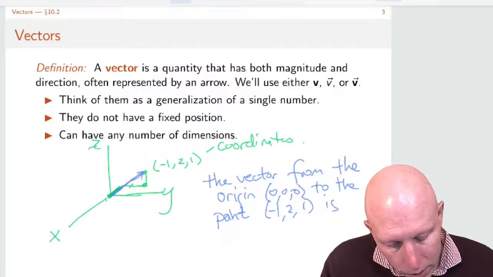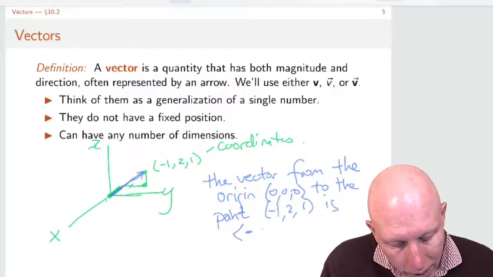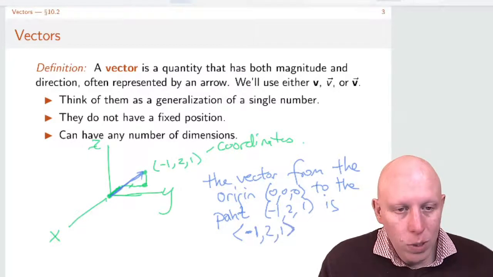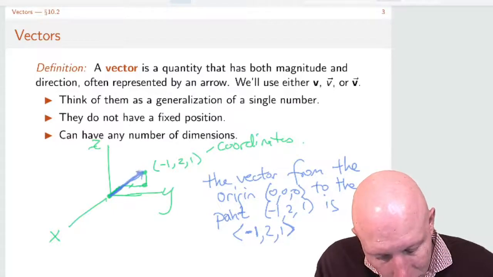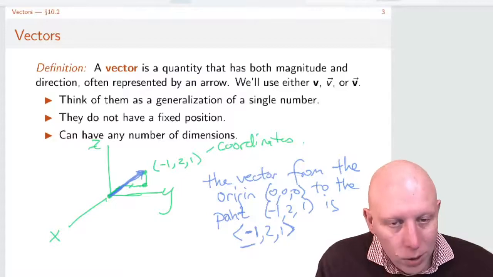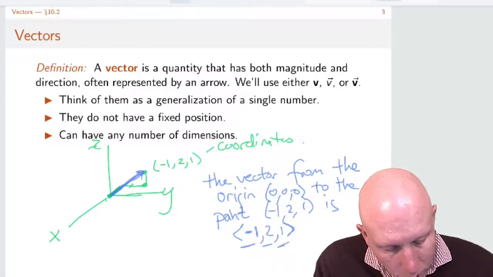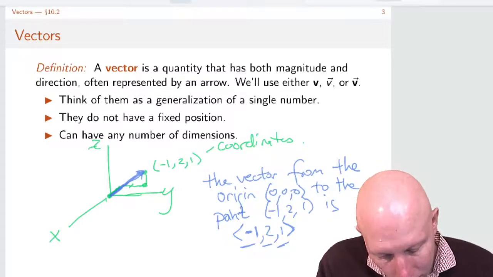That is the vector with angle brackets -1, 2, 1, because it's a direction and a magnitude that goes -1 unit in the x direction, 2 units in the y direction, 1 unit in the z direction.